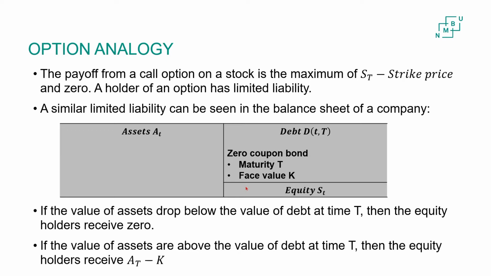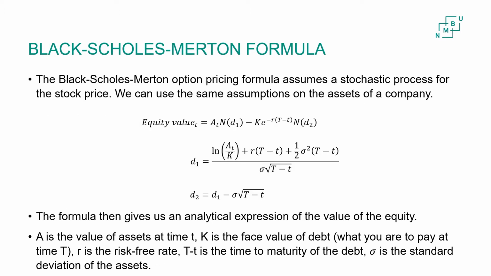So they are left with the maximum of A(T) minus D(T) and 0. Because the equity holders have limited liability, we can use an option pricing formula to value the equity. And the most famous formula for option valuation is the Black-Scholes-Merton formula.